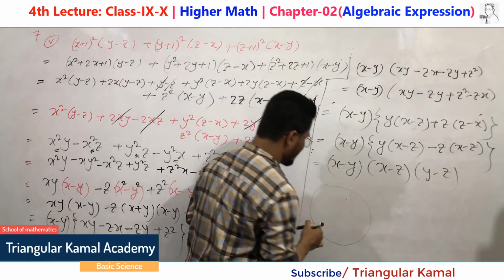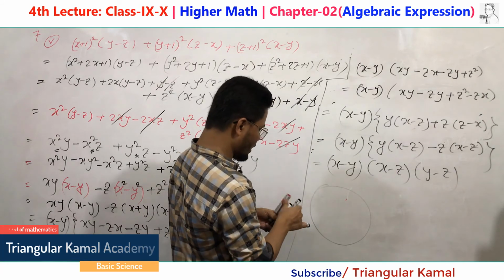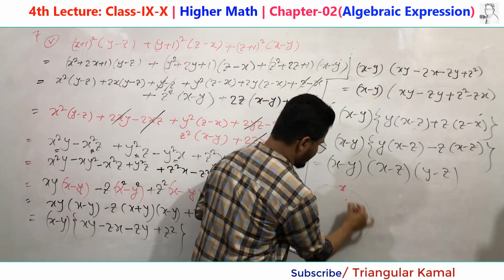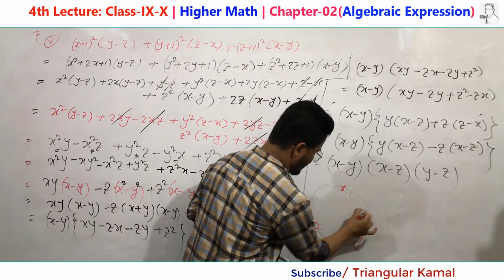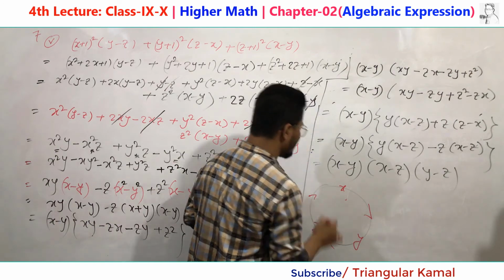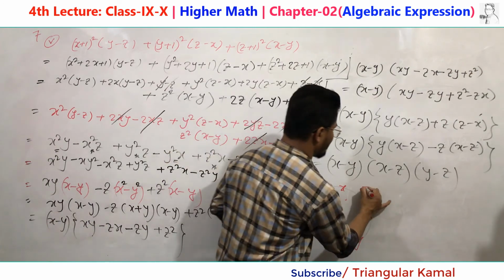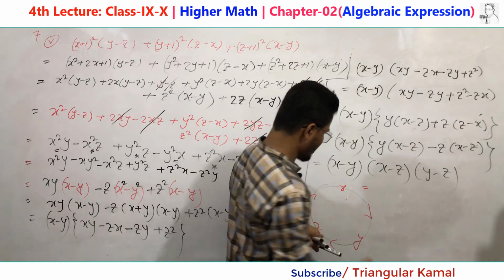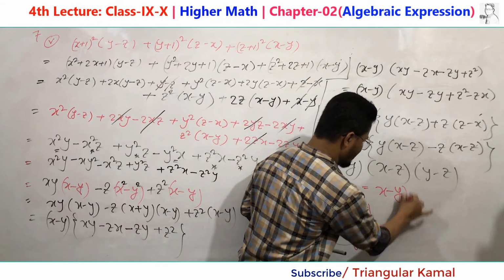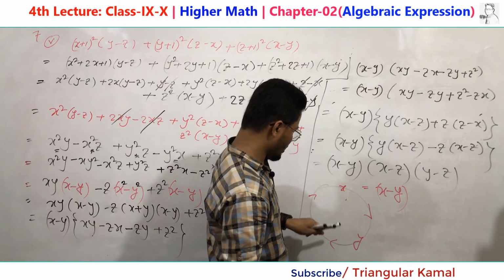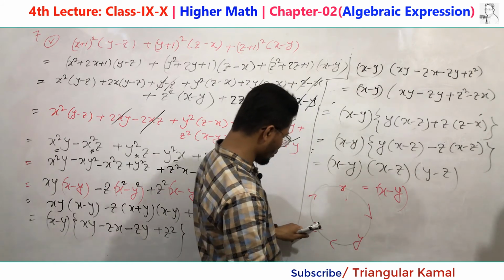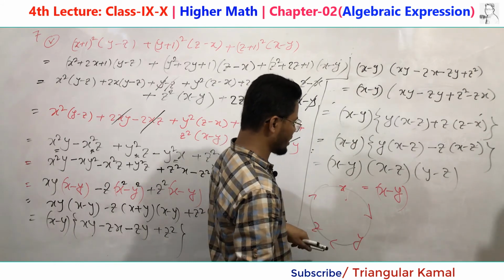If you consider here the cyclic order, x, y, z, all are not in a cyclic order. Here x minus y, so x minus y, this one is not z minus x, this one will be z minus x, not x minus z.